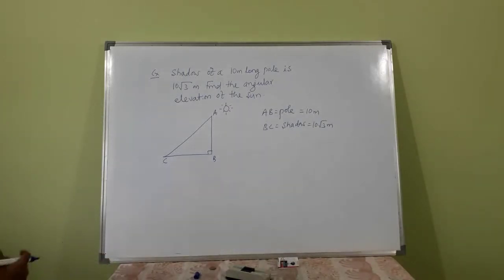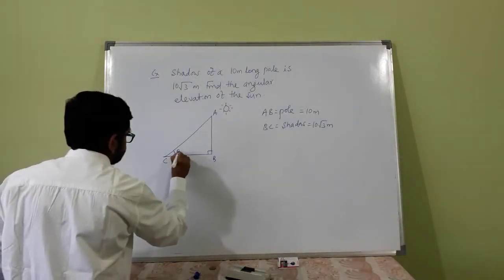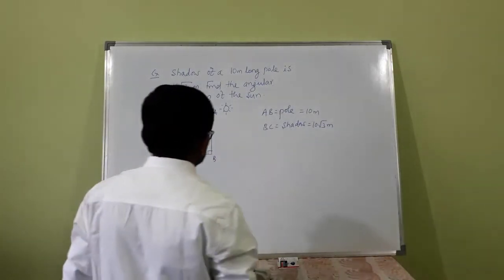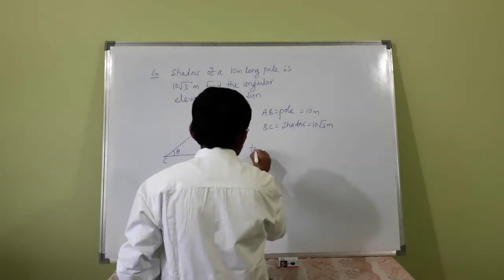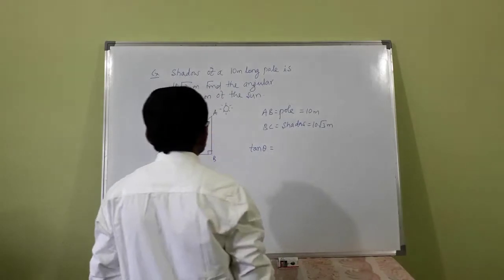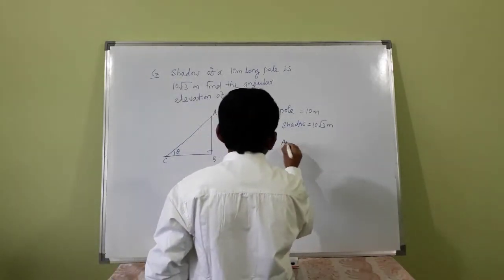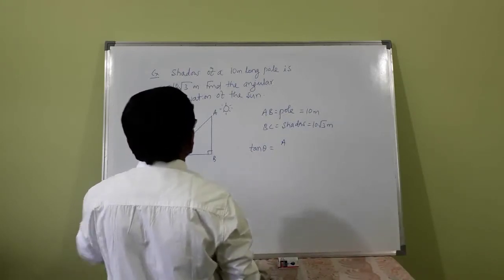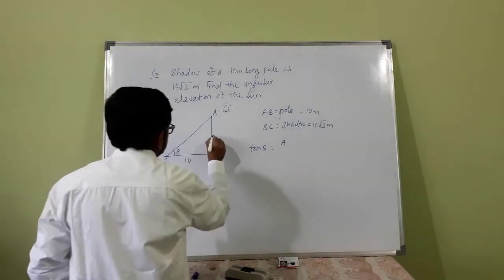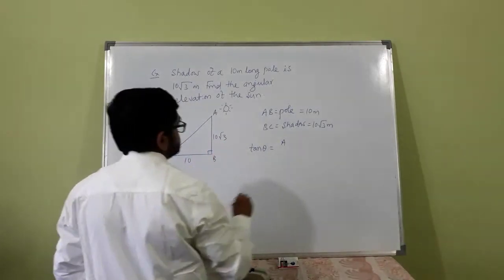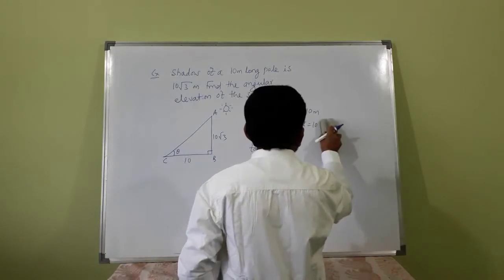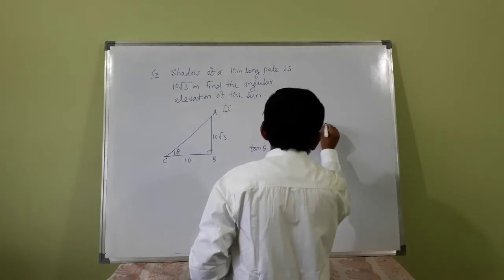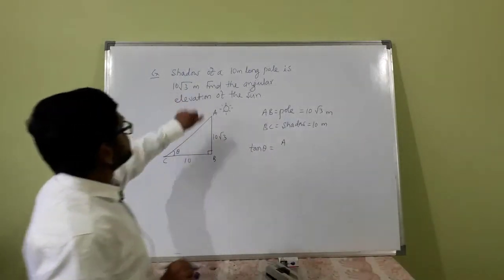Okay, you have to find the angular elevation of the sun, this angle between this horizontal line and that. So for that, tan theta is equal to AB by BC. The shadow is 10, the pole is 10 root 3.